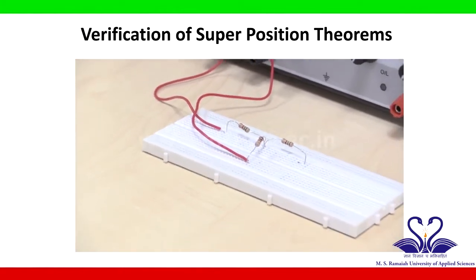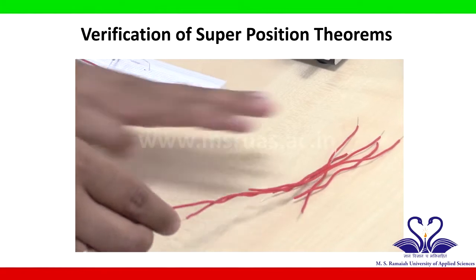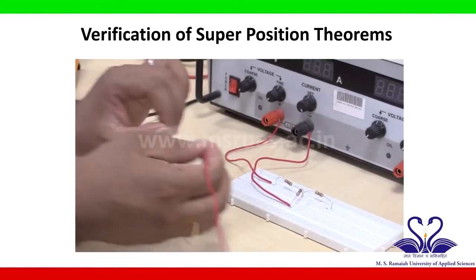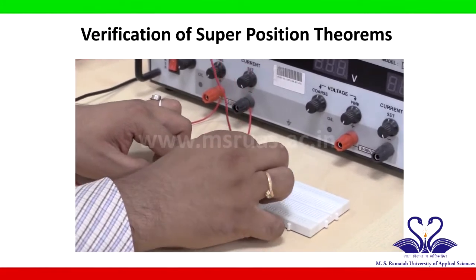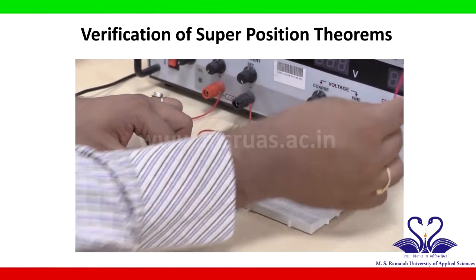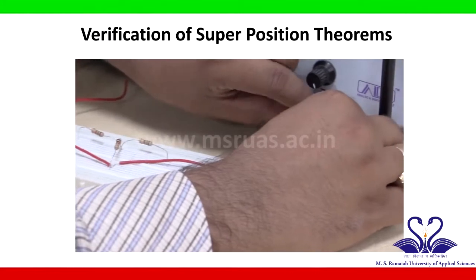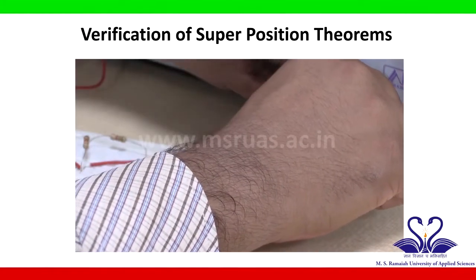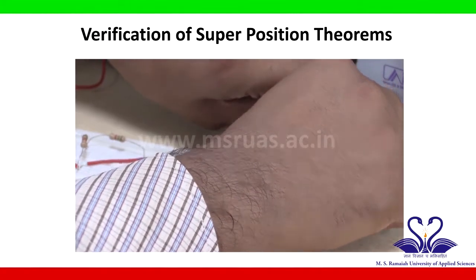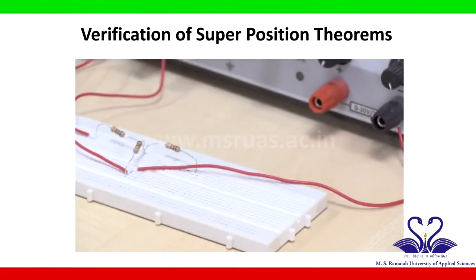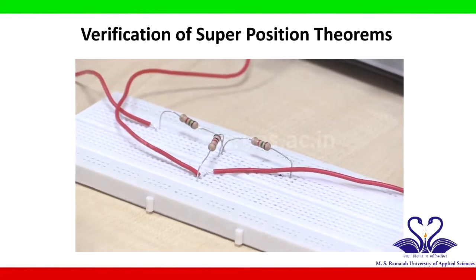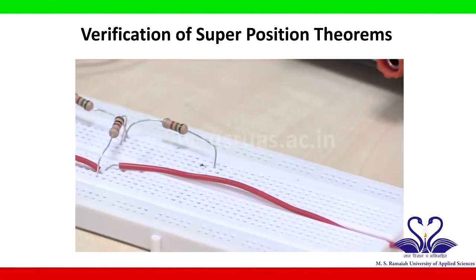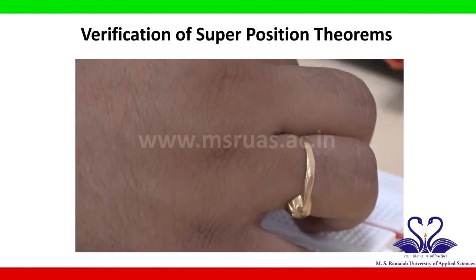Similarly, we will connect it to channel 2, from the ground terminal to the negative terminal of channel 2, and from the second terminal of the 1.5 kilo ohm resistor to the positive terminal of channel 2.